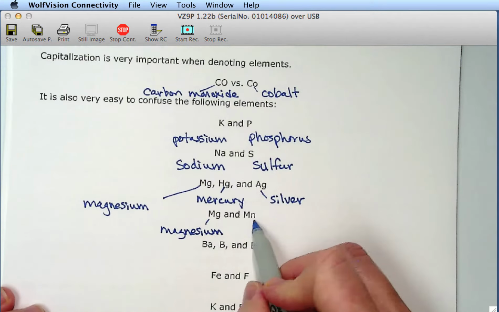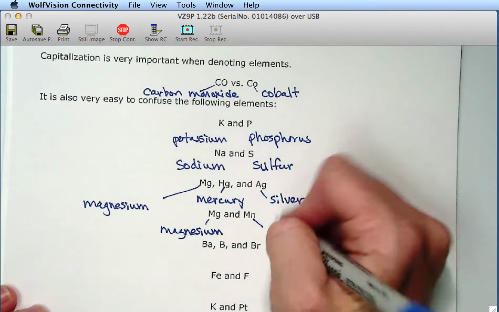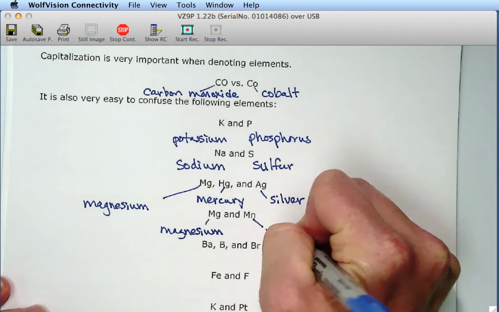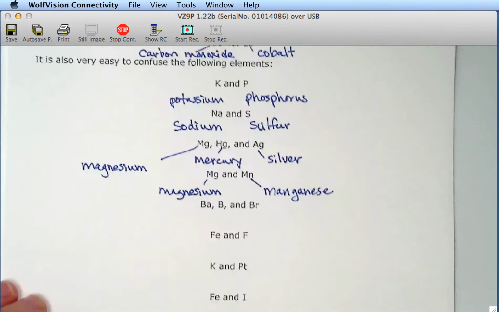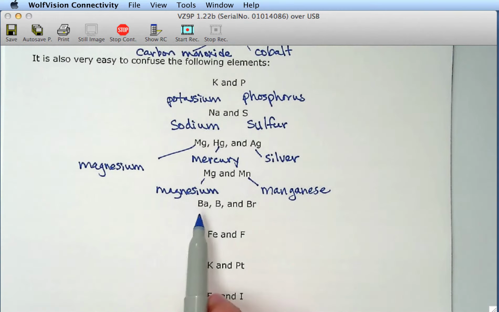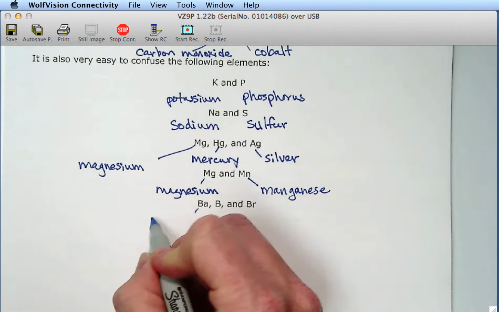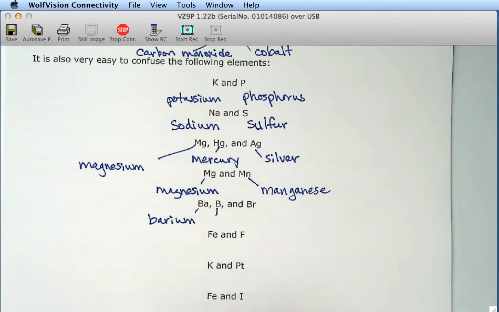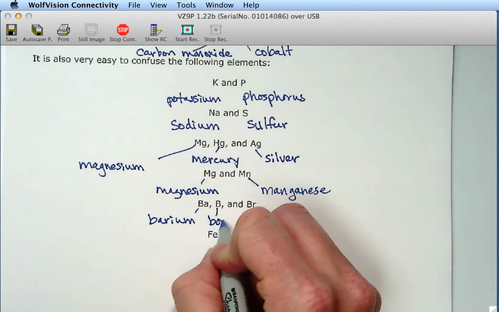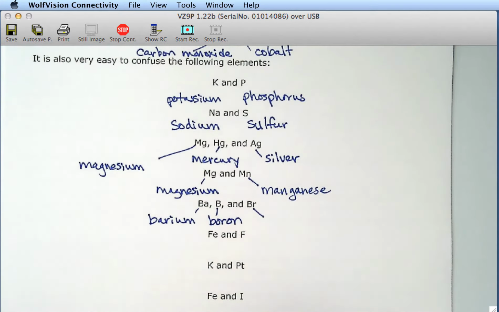What about Mn? Manganese. Yes. Ba, it's barium. B, boron, very good. Br, bromine.